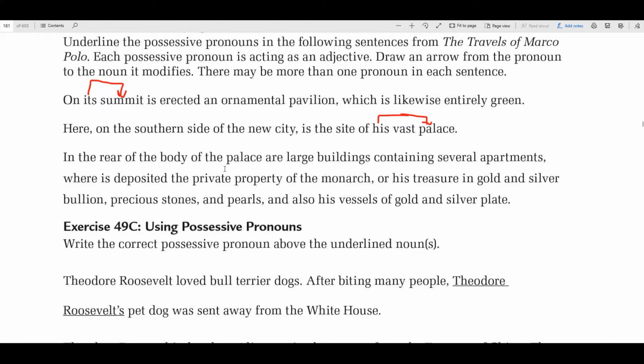In the rear of the body of the palace are large buildings containing several apartments, where is deposited the property of the monarch, or his treasure in gold and silver bullion, precious stones and pearls, and also his vessels of gold and silver plate. Okay, here we go. Large buildings, apartments.